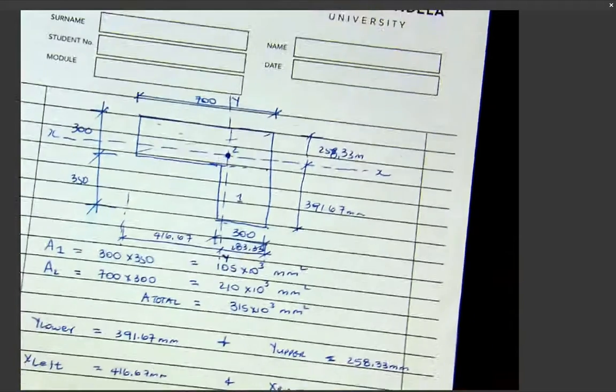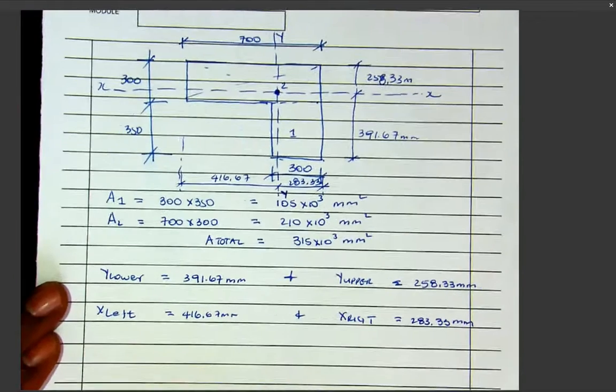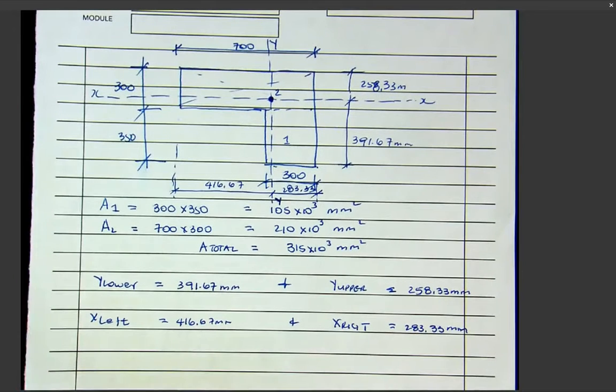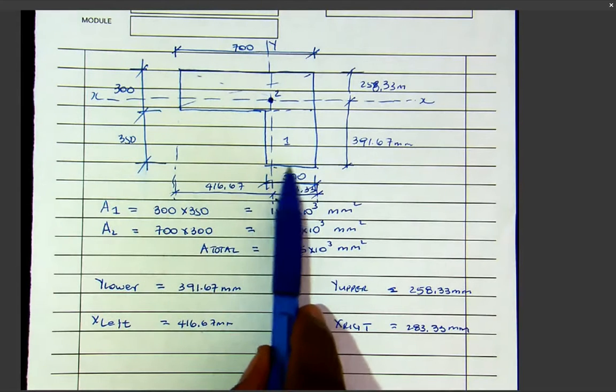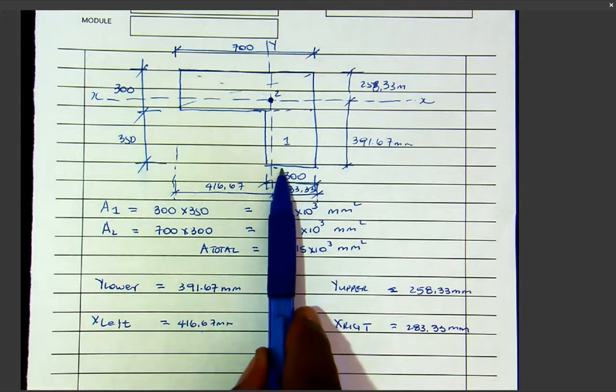The only thing that now we need to work out is the magnitude. I did mention from the previous video that the position we refer to is the first moment of area. It's the moments but using the area. As I was saying, remember when we were calculating y lower and y upper, we were taking moments, to be honest with you. You would say I'm taking moments about the bottom there.